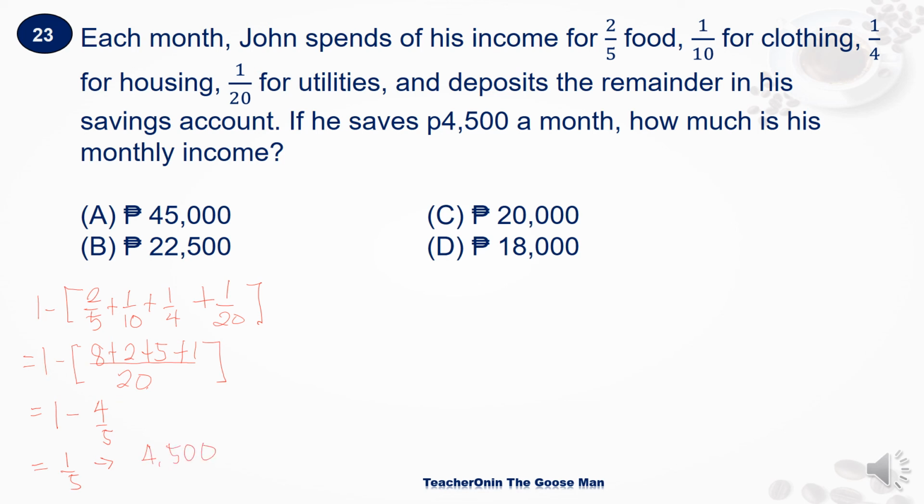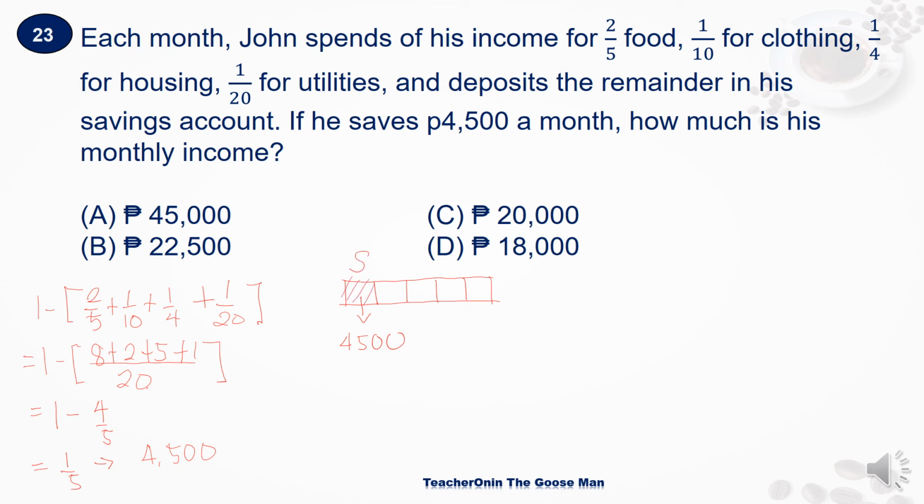Now, i-recall natin meaning ng 1 over 5. If we have 1 over 5, meaning to say 1 out of 5. So, mag-drawing tayo. This is 1, 2, 3, 4, 5. So, 1 out of 5 is 4,500 pesos. So, 1 out of 5 is your savings.